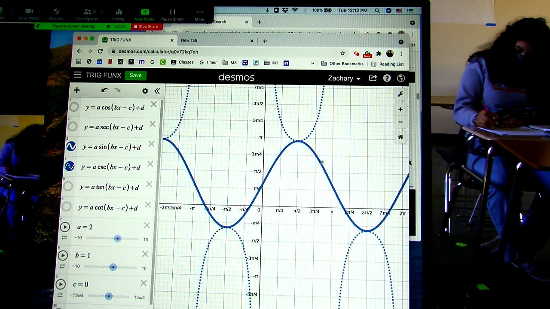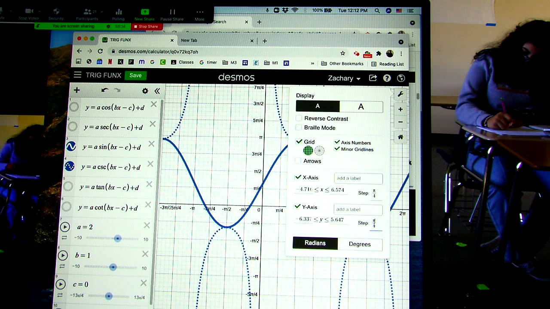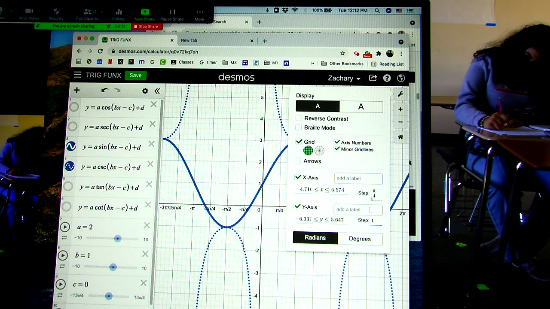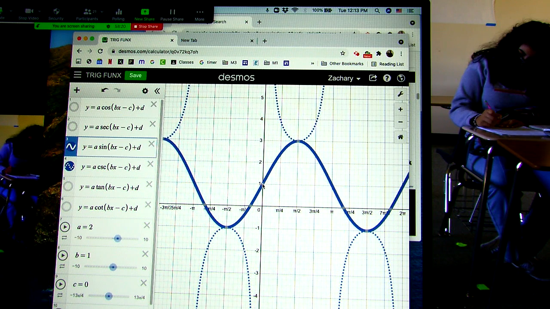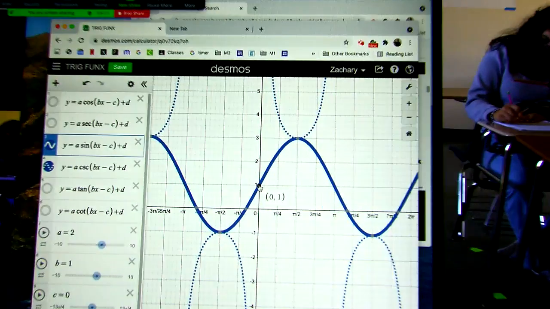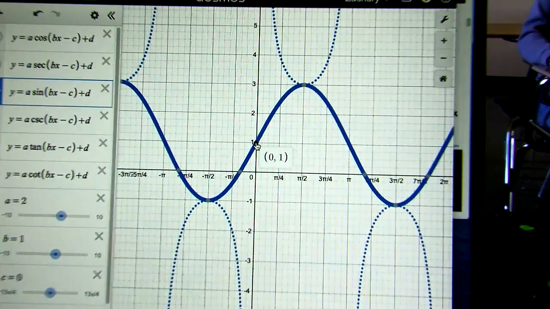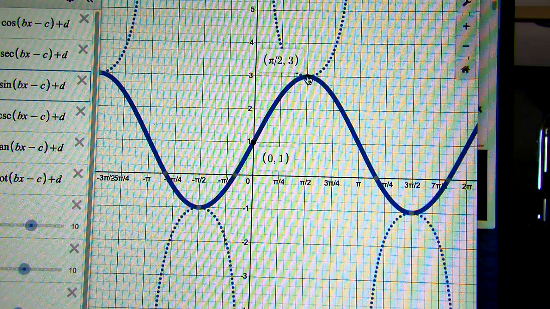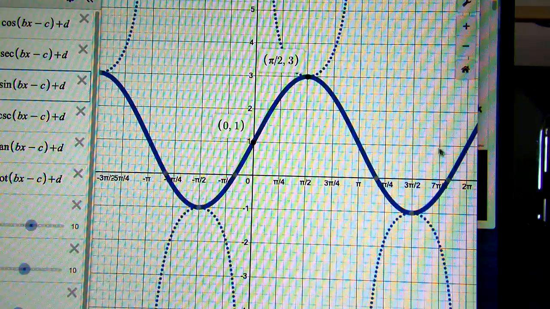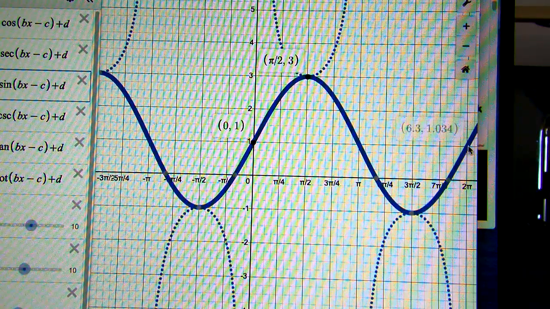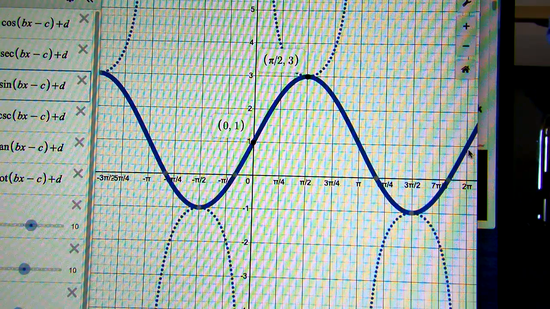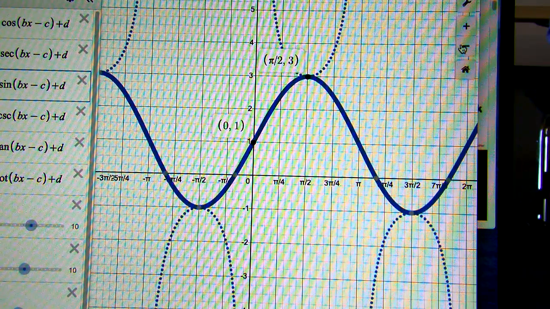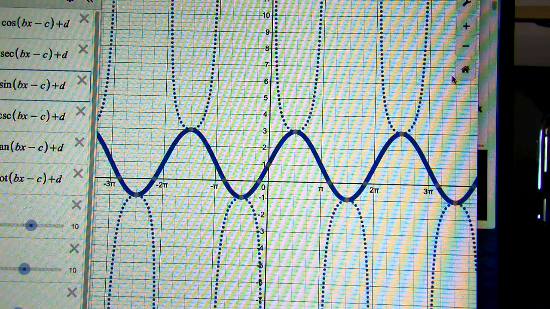Okay, so we had it starting here, right? We had this point, we had this point here, and we had this point over here as well. Okay, so those were the locations of the asymptotes, and that allows me to make this picture right here. That's the only way that I can actually make that shape.